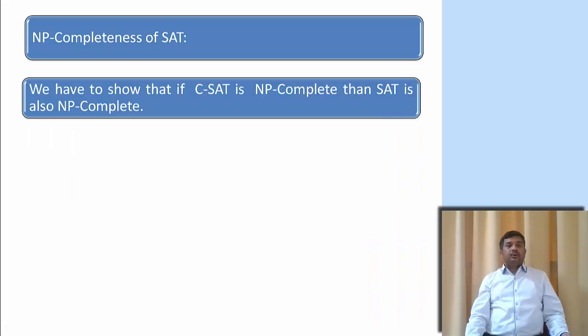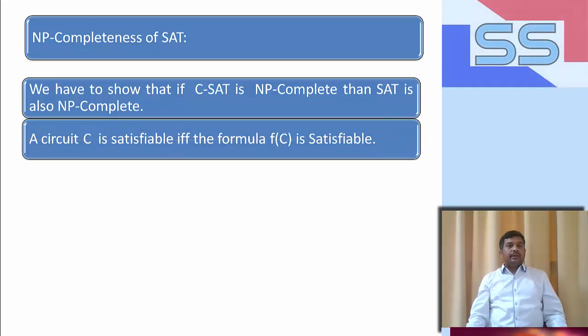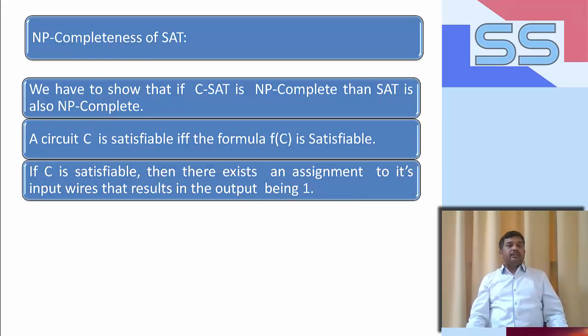Now we have to show that if circuit SAT is NP-complete, then the SAT problem is also NP-complete. So a circuit C is satisfiable if and only if the formula f of C is satisfiable. This is what we know. If C is satisfiable, then there exists an assignment to its input wires that results in the output being 1.